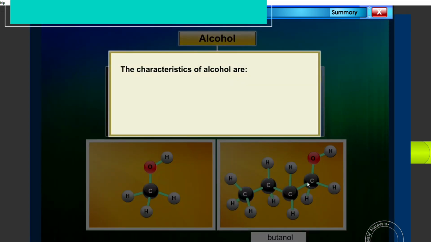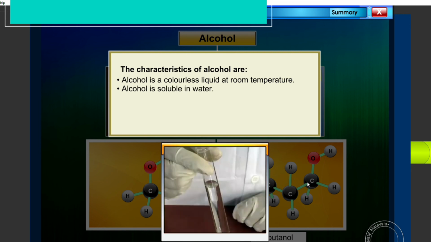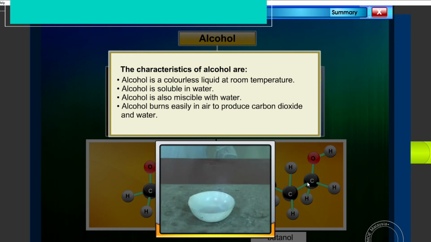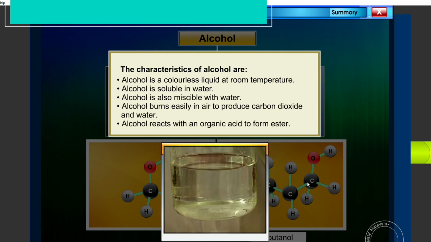The characteristics of alcohol are: alcohol is a colorless liquid at room temperature. Alcohol is soluble in water. Alcohol is also miscible with water. Alcohol burns easily in air to produce carbon dioxide and water. Alcohol reacts with an organic acid to form ester.